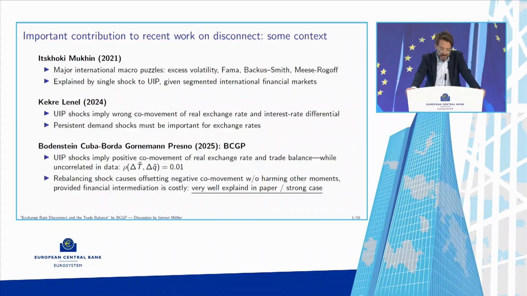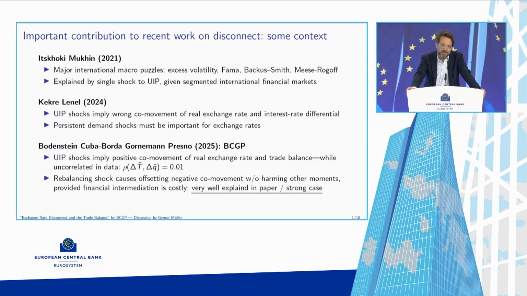It's very well written, and I think it makes an important contribution to the recent literature on the disconnect. So here's some context. There is the very influential work by Itskhoki and Mukhin. The point is that you have all these puzzles in international macro and finance: excess volatility of the exchange rate, Fama, Backus-Smith, Meese-Rogoff.